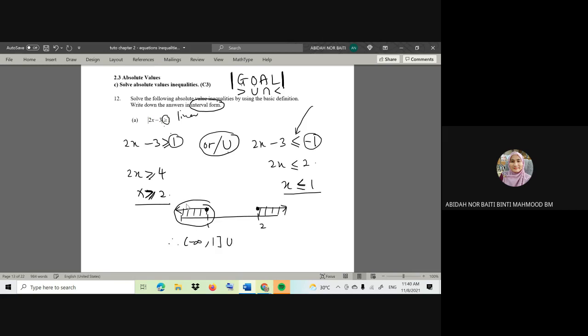Your second shaded region is here. Okay, we use square bracket. Start from 2 ya. 2 positive infinity. Okay, this is linear inequalities. We use number line method. Kalau kuadratik pakai graph lah. Macam biasa kalau rational we use table of sign.